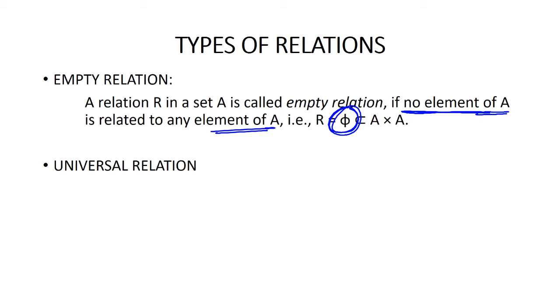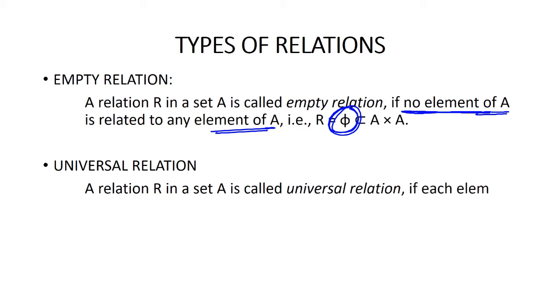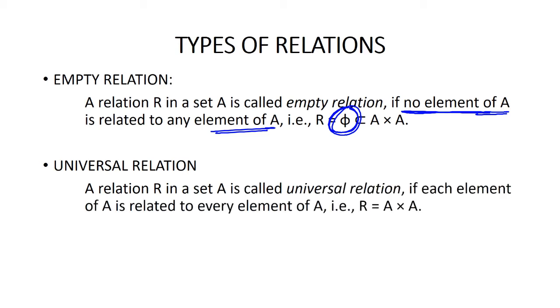Universal relation is a relation in a set A where each element of A is related to every element of A, and the relation will be equal to the Cartesian product of A with itself. These relations are also known as extreme relations. Extreme means the first relation will have no element in it, and the second relation will have all the elements of the Cartesian product.